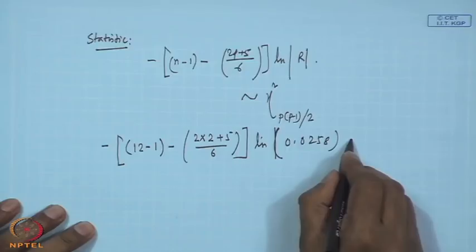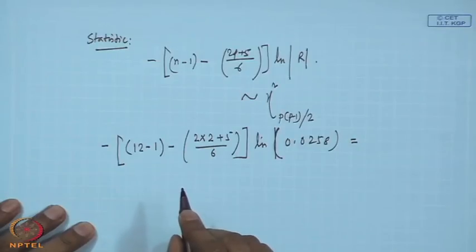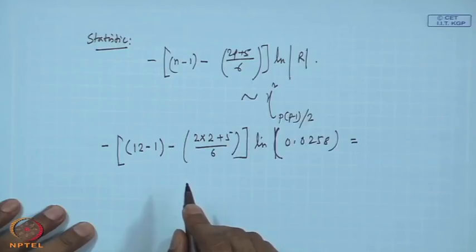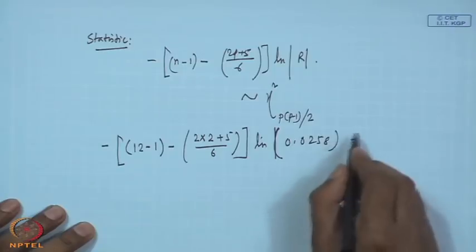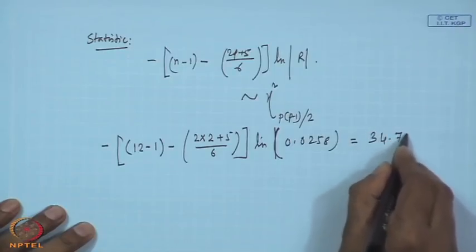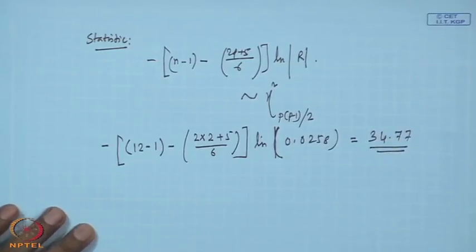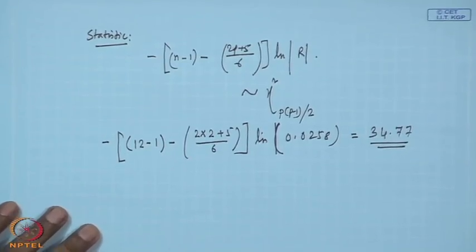So this quantity will become some value, 9.5 into 3 point something, that means almost 34.77. This quantity becomes 34.77.